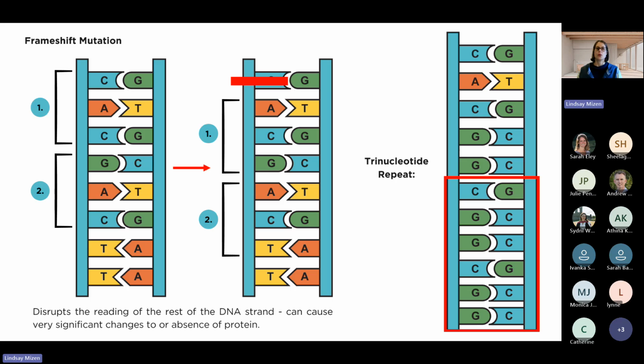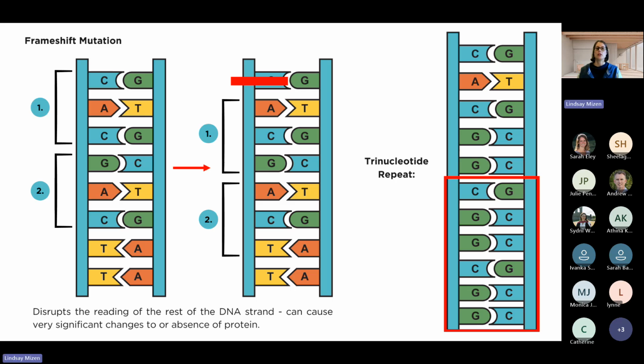And it means that all the way through the DNA after that, everything is shifted. As you can imagine, because it affects the whole DNA, there is really quite a significant chance that that could affect the protein or mean that there is no protein produced at all for that gene.